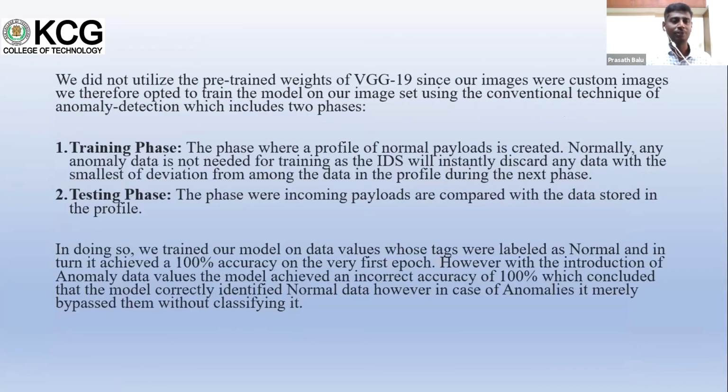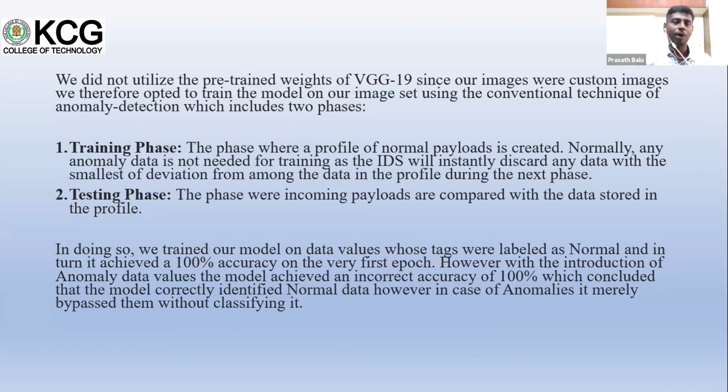So you see here the training phase, the phase where a profile of normal payloads is created. Normally, anomaly data is not needed for training, as the IDS will instantly discard any data with smallest. Yes, got it. This is the beauty here.